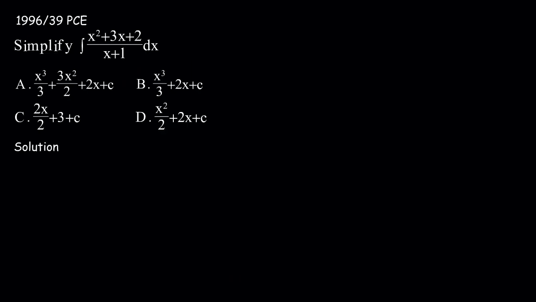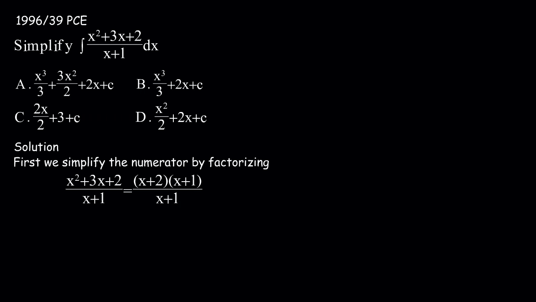Our next question states that simplify the integral of s squared plus 3s plus 2 divided by s plus 1 ds, and we are given the options. First, we are going to simplify the numerator by factorizing. Doing so, that's factorizing s squared plus 3s plus 2, it becomes s squared plus 3s plus 2 divided by s plus 1 will be equals to s plus 2 in bracket s plus 1 divided by s plus 1.